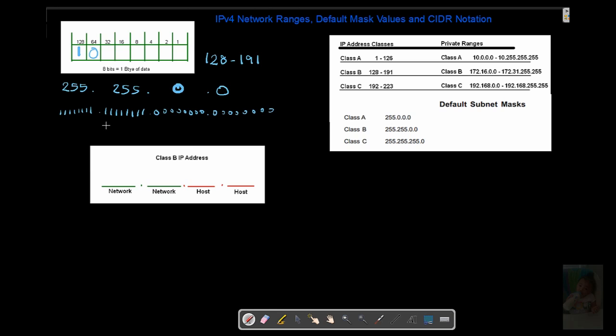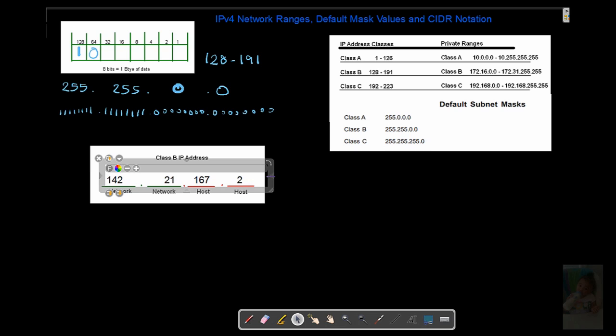So what are we saying here? Well, let's put an address down here. Let's get it in that right range and let's take a look at it. We're saying, let's see, 128 to 191. Let's put us at 142.21.167.22.